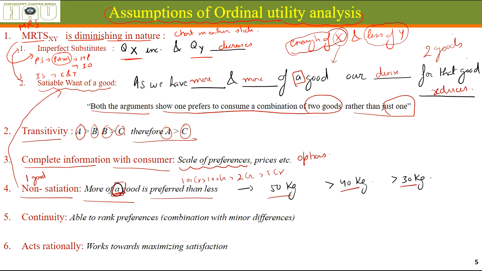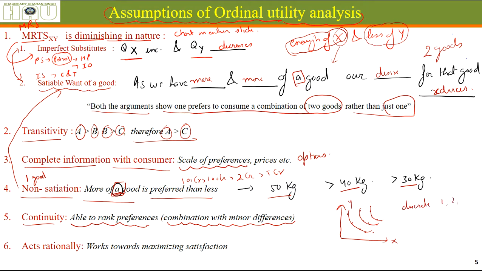All right. Continuity. A person is able to rank preferences or combinations with minor differences. As you know, we are going to make an indifference map. So there are thousands of combinations here, and not all the combinations are going to have values of these two goods x and y in discrete form.